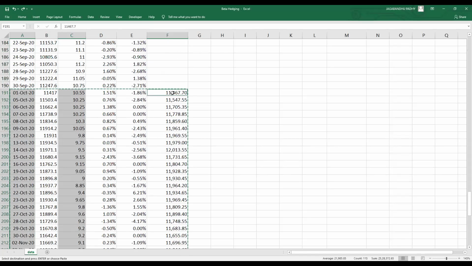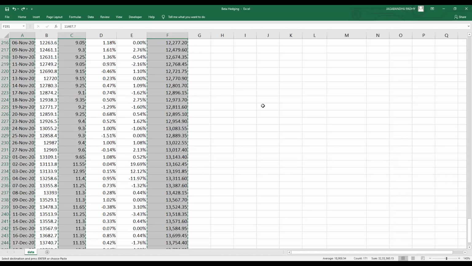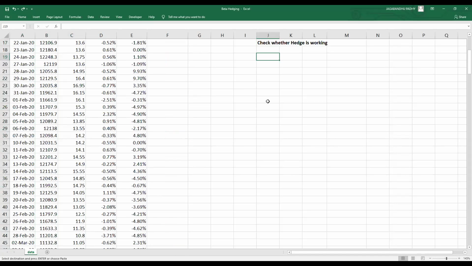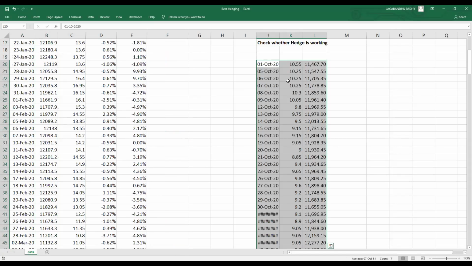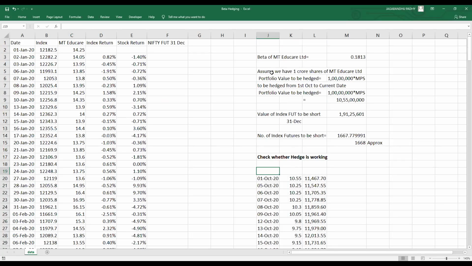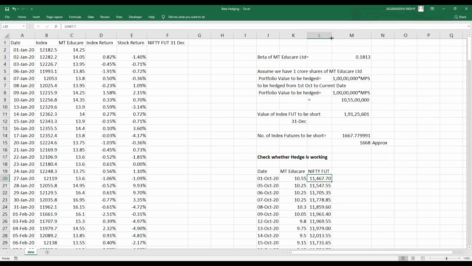So I just copy these three values over here. This is the date, this is NKD and this is Nifty futures. I just want to see what is happening to my portfolio once I have hedged it.